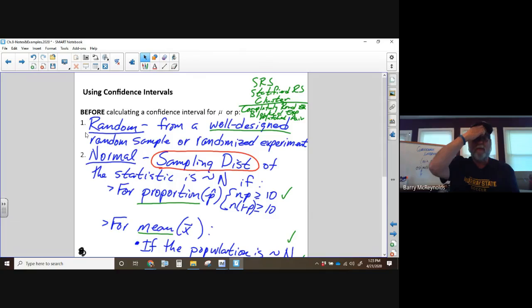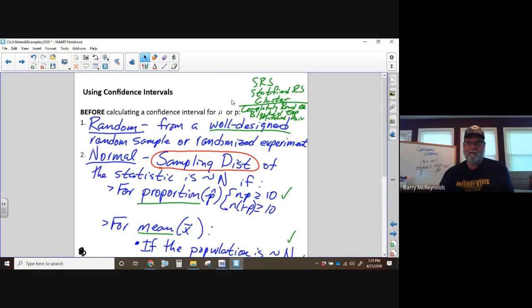The first one is that the data comes from a random source. In other words, a well-designed random sample or experiment. And remember, from back in the day, random samples can be a simple random sample, stratified random sample, or a cluster sample.